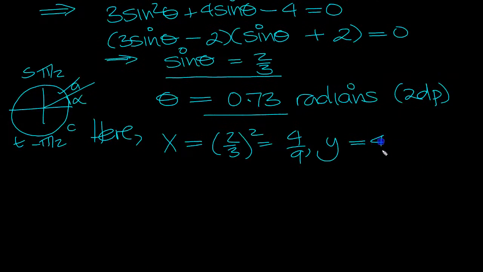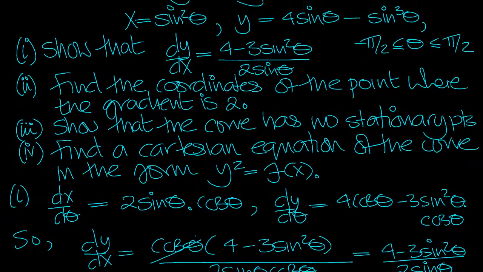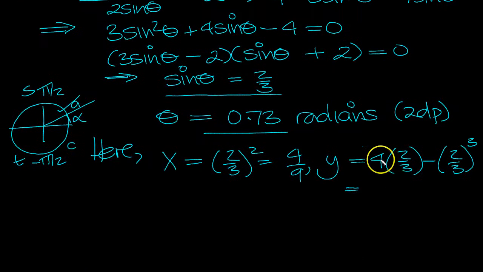So that's 4 sine theta minus sine cubed, wasn't it? Let's have a look at that. Yeah, that's fine. 4 sine theta minus sine cubed. Let's just work out that number. 8/3 minus 2 cubed is 8 over 3 cubed is 27, times by 9 top and bottom here. 72/27 take 8/27 is 64 over 27.